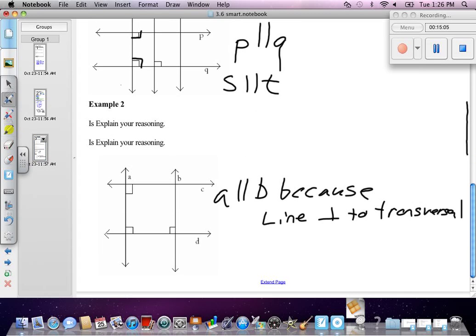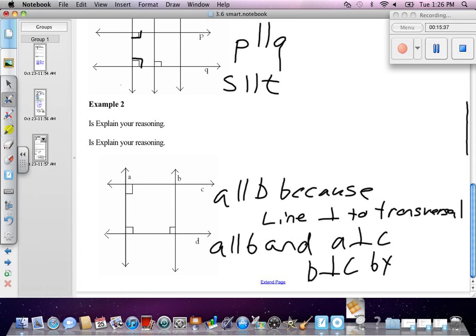Okay, what else do we got? Is B perpendicular to C? If we know that A is parallel to B, yes. Since A is parallel to B, by 3.11, and A is perpendicular to C, B must be perpendicular to C by, what do we call it?